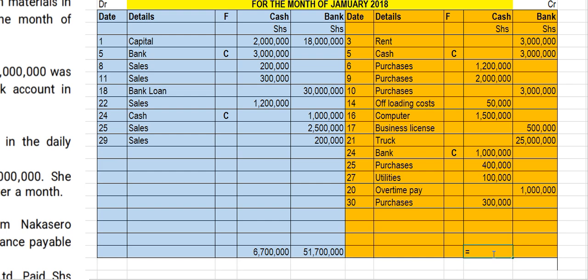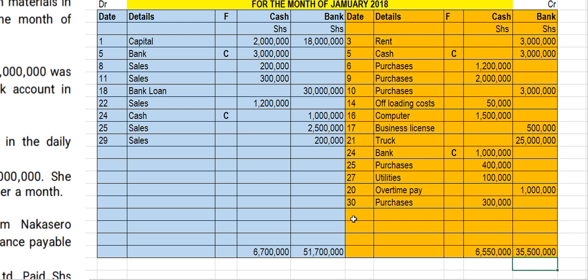But of course, for the cash column, you expect the debit side to be bigger, because you can't spend what you don't have. For the bank, you need to really confirm, but for the cash column, it will be greater. Okay, in this case, you see that now the debit side is greater. That is for both cash and bank.